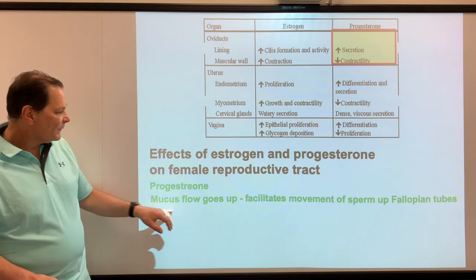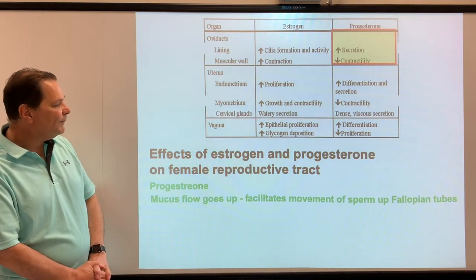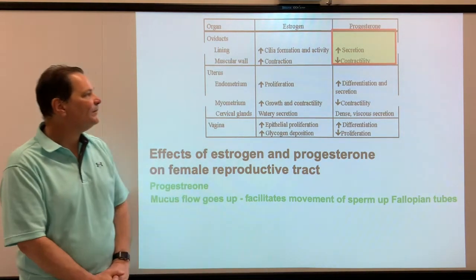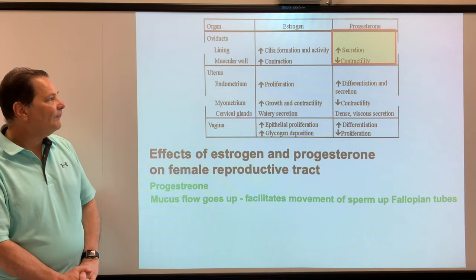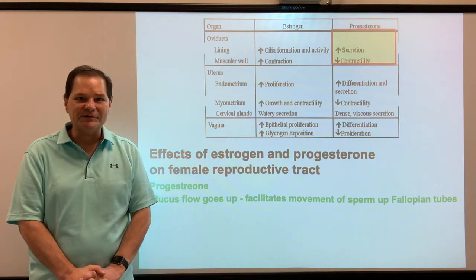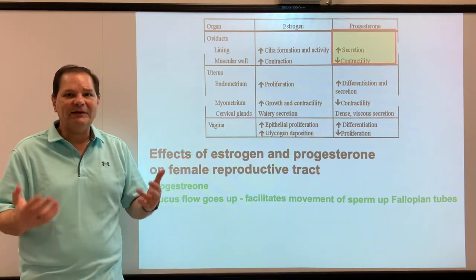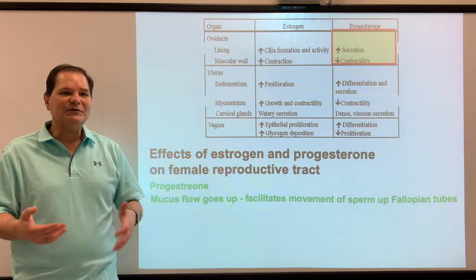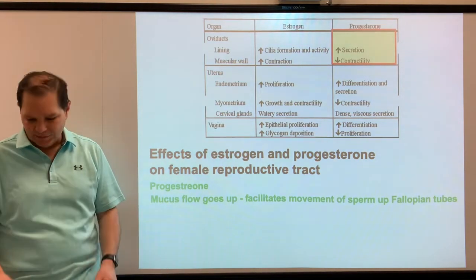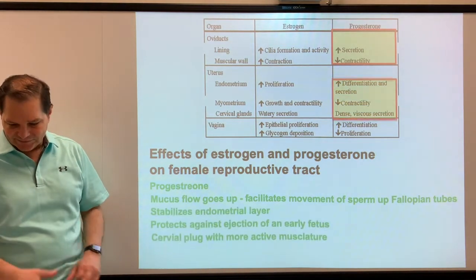So we have more mucus secretion, and this actually does facilitate movement of sperm up the fallopian tubes. But at the same time, you have a decrease in contractility under the influence of progesterone. And the reason why you've decreased contractility here and in the uterus is because you don't want to do anything to cause a fertilized ovum to be ejected too quickly out of the uterus. You want to allow implantation to take place and take it easy on it.